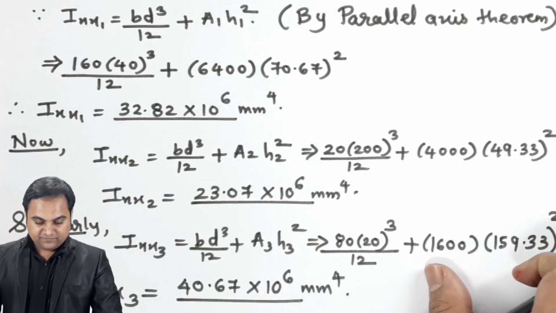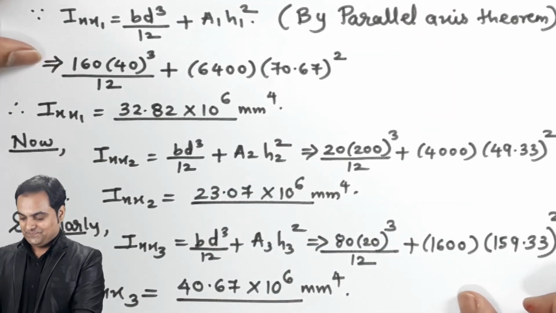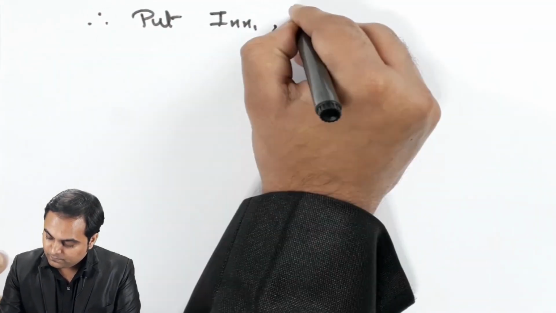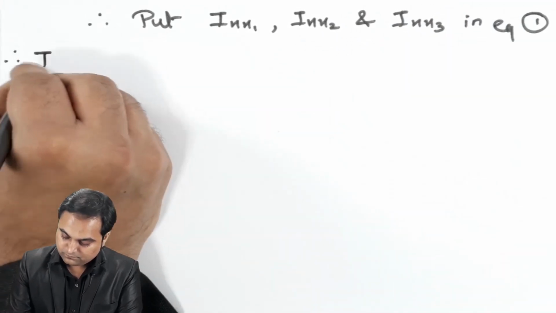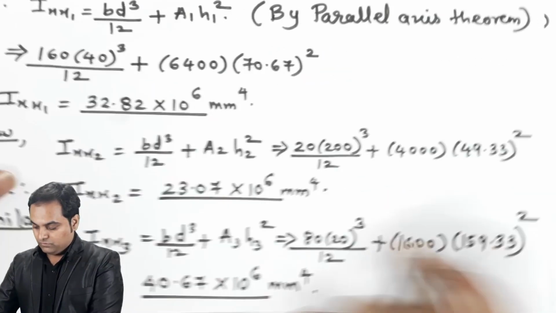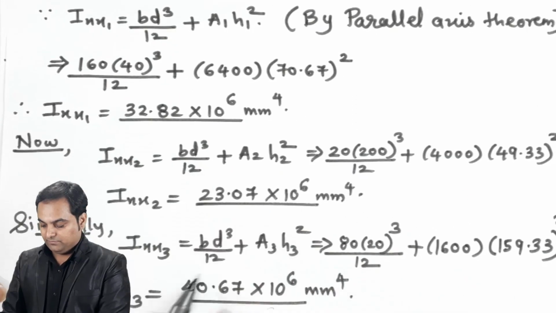Now after getting all these values, I'll put them in equation number 1 to get the value of I, which is about the neutral axis. Now all of them are having 10 raised to 6 common, so I'll just add the numbers.